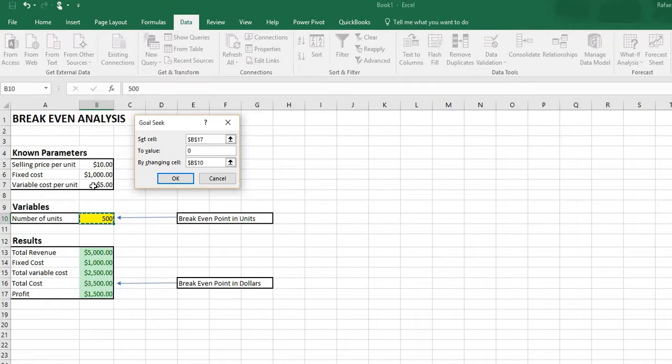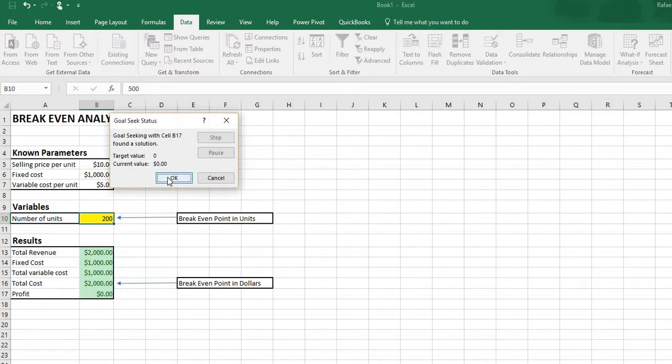And the cost per perfume, how much you pay for each perfume, is $5. Let's see how many units we'll have to sell to break even. Click OK, and it says Goal Seek found a solution. Target 0, current value 0. So I set the profit to 0. That's how you know you reached the break-even point.